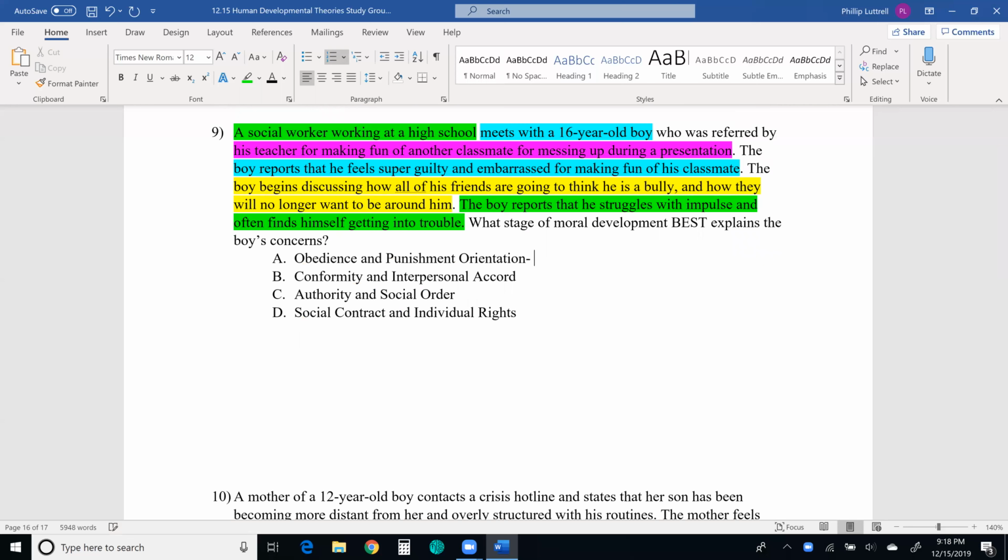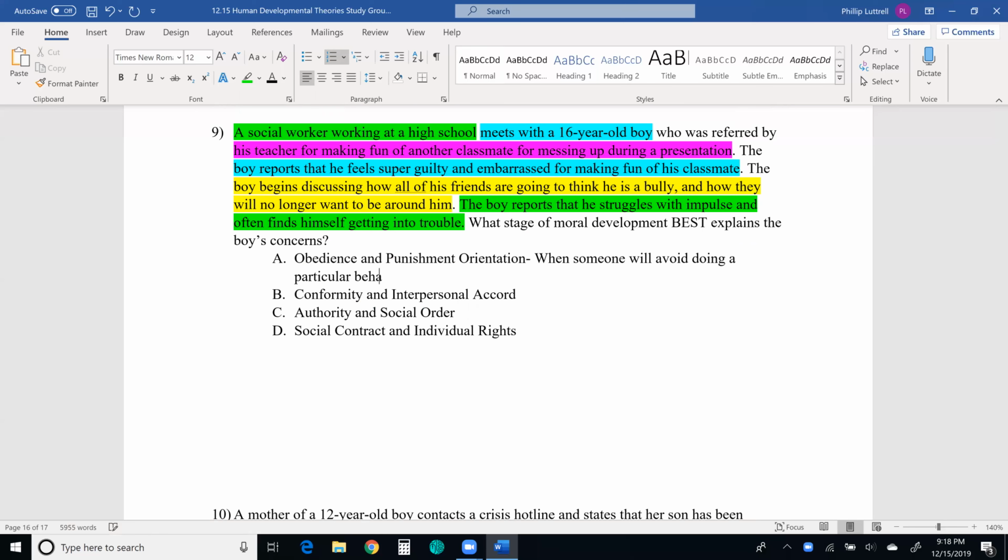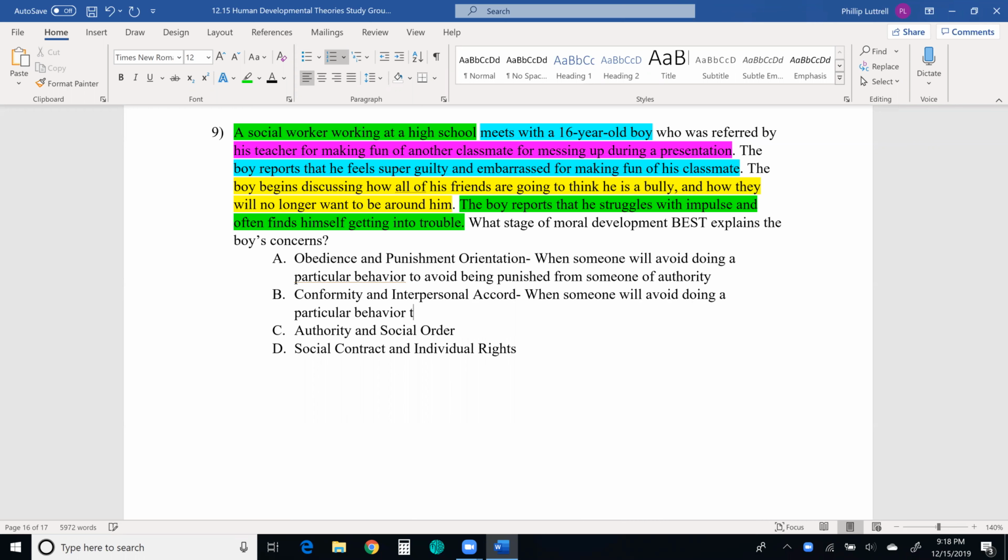So obedience and punishment orientation is when someone will avoid doing a particular behavior to avoid being punished by someone of authority. Conformity and interpersonal accord is when someone will avoid doing a particular behavior to avoid being isolated from their peer group.